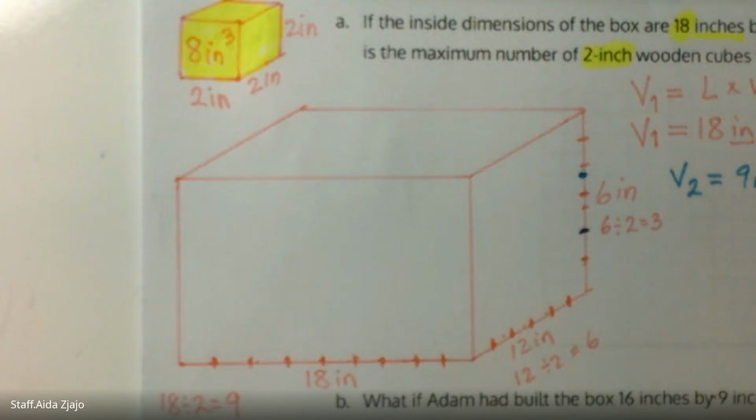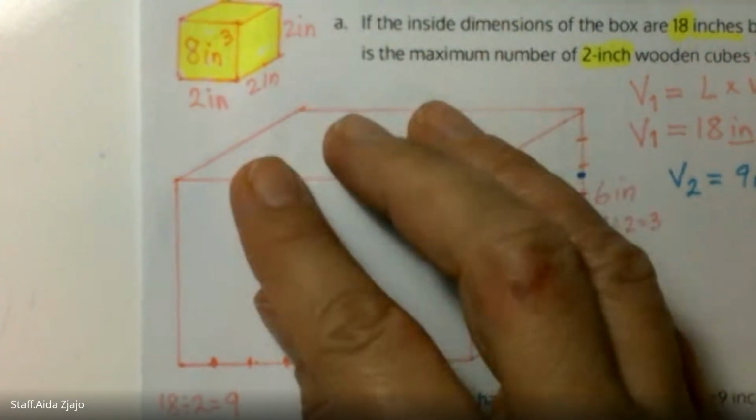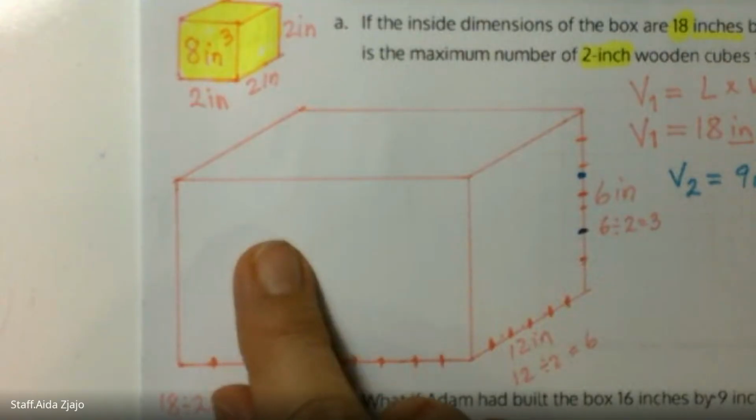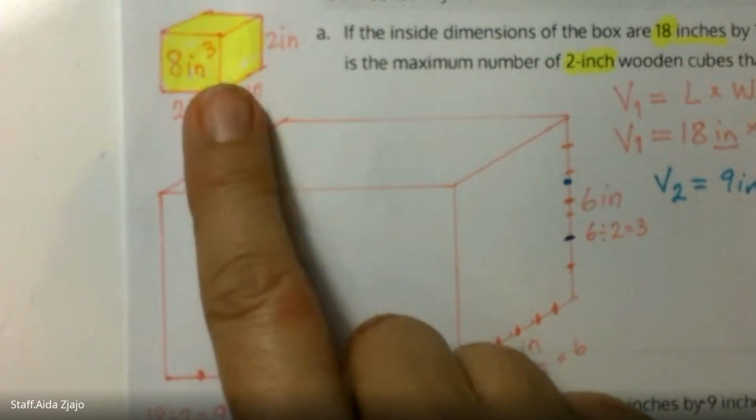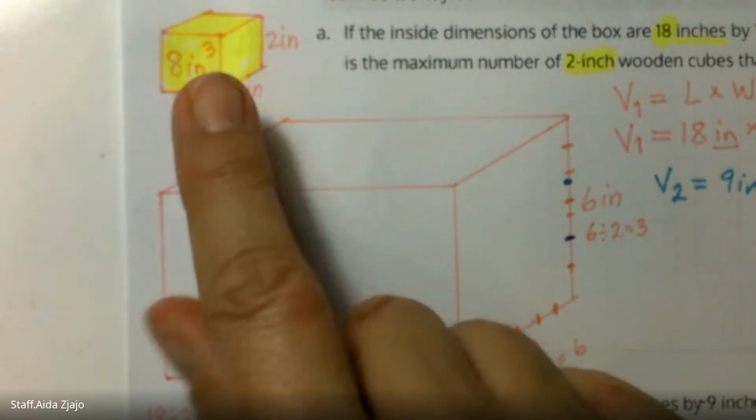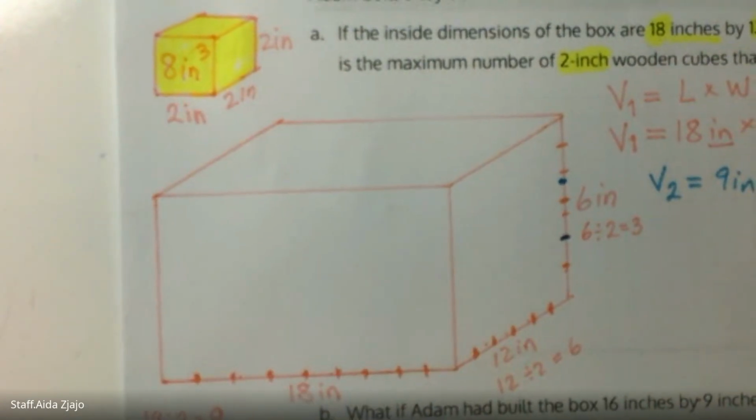So we know now the whole total is 1296, but we need to divide into volumes of these single cubes.